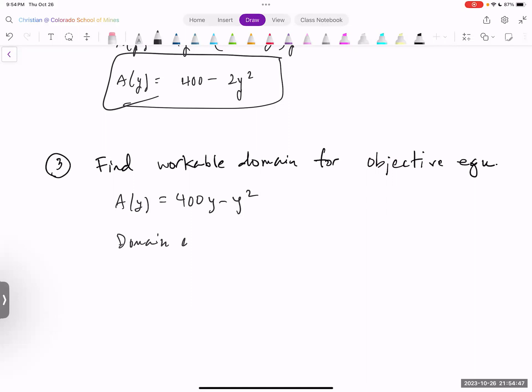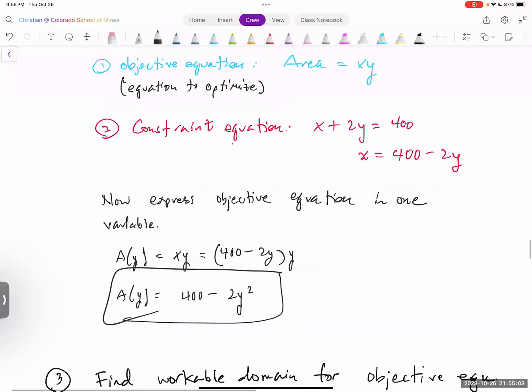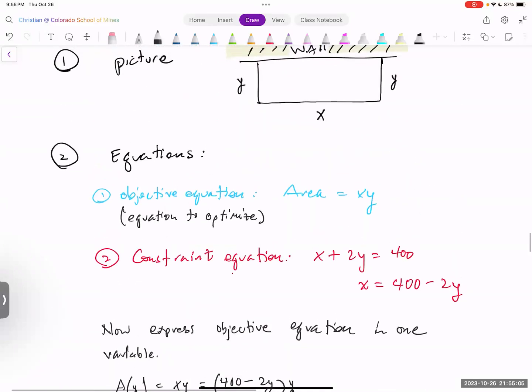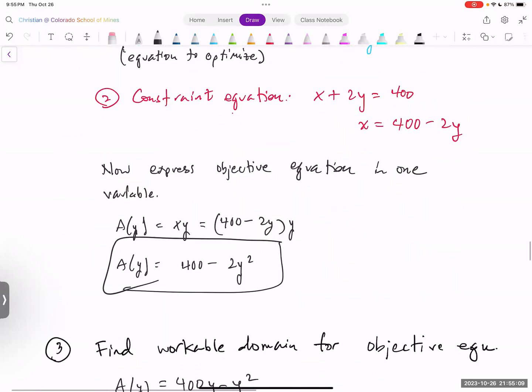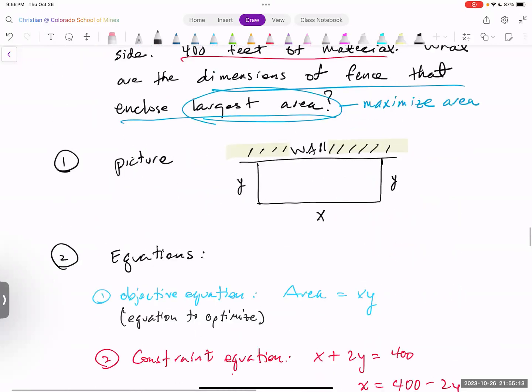Well, A of Y is a polynomial, so it's negative infinity to infinity, but that doesn't make a lot of sense because Y could be all the way to infinity, but we don't have that much material. We only have 400 feet worth of material. Why couldn't we put all 400 to just one of the side lengths, for example.